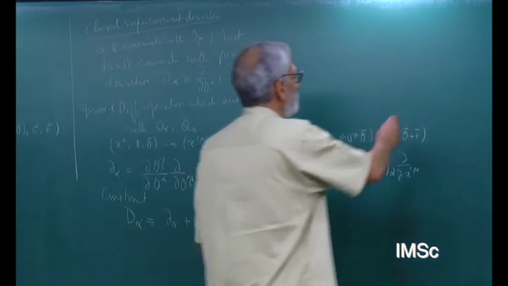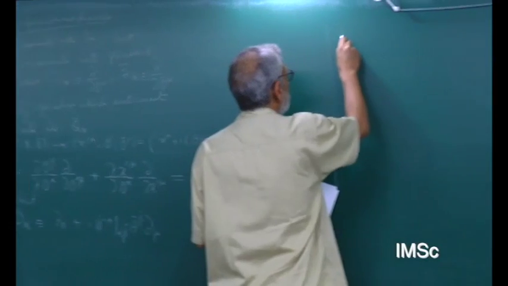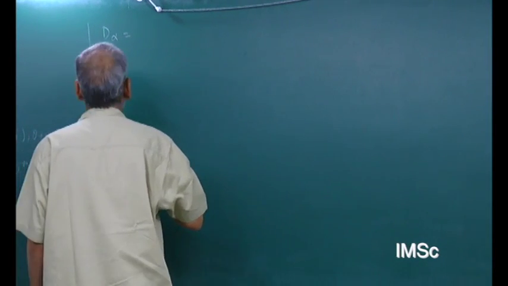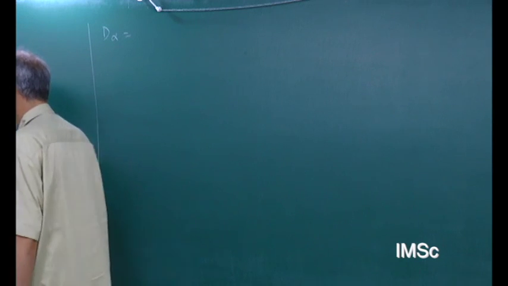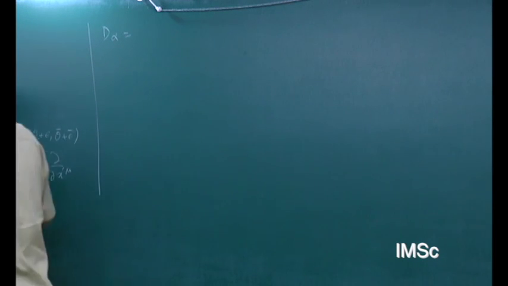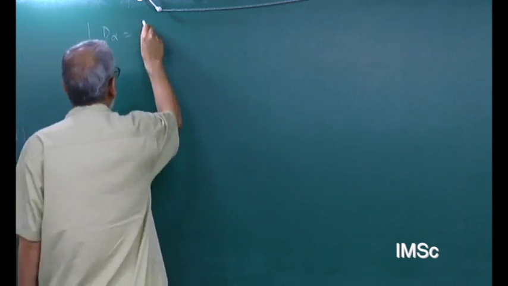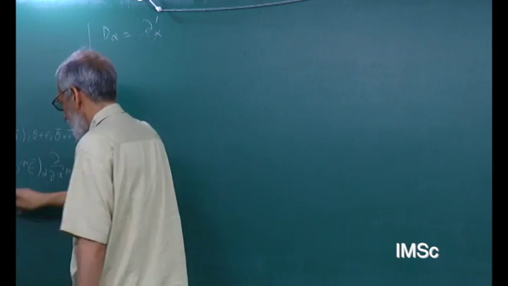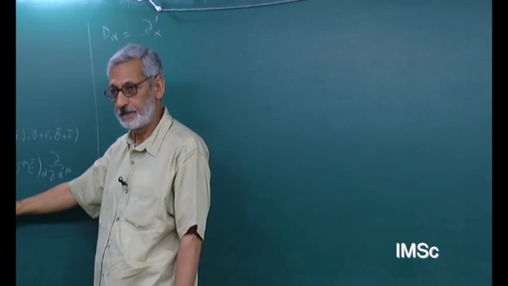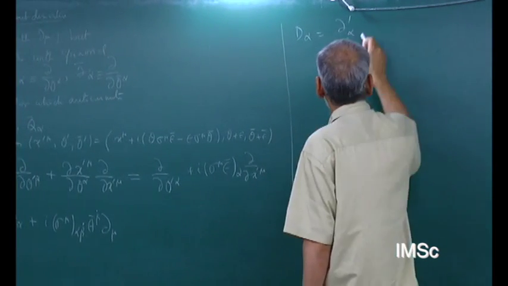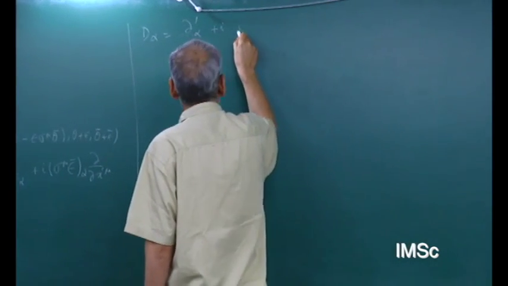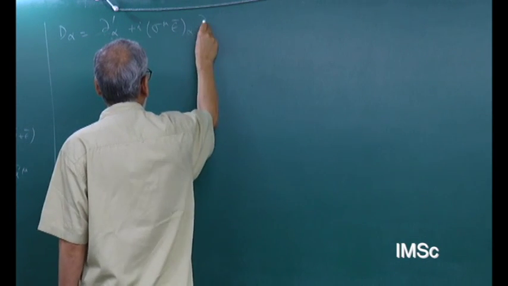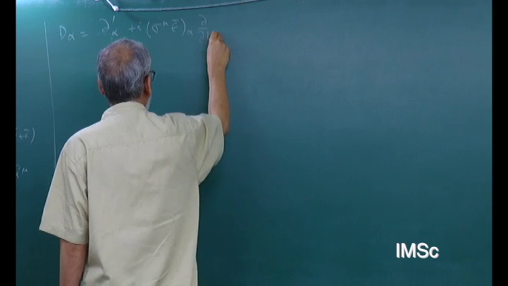Now let's check that. For this d alpha, I replace this d by d alpha prime, which is the shorthand for this, plus i times sigma mu epsilon bar alpha d by d x mu.